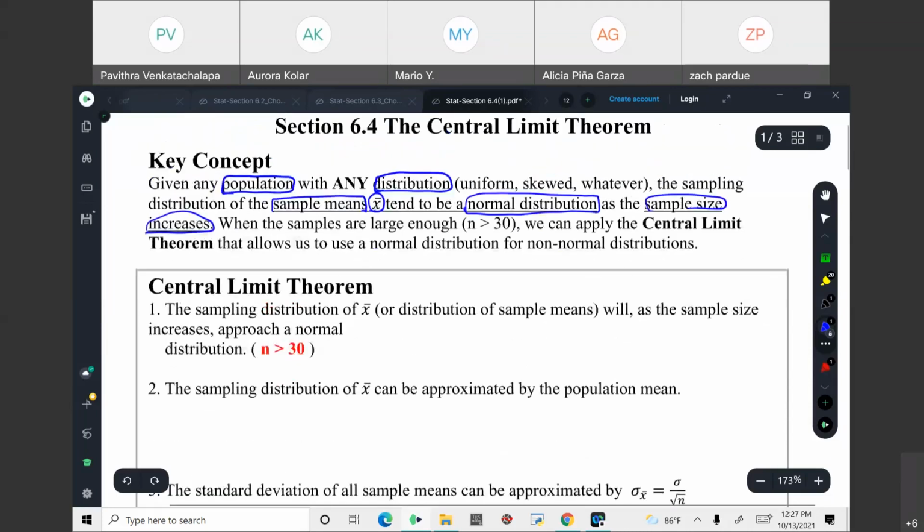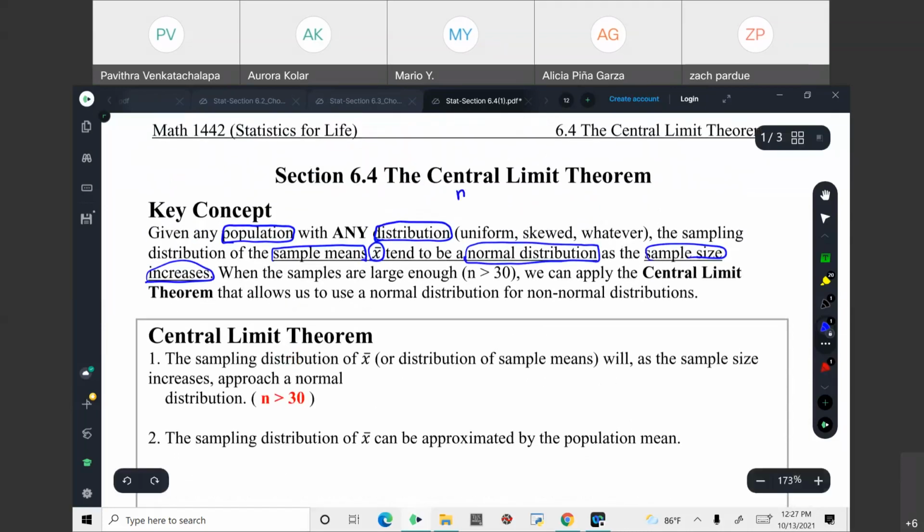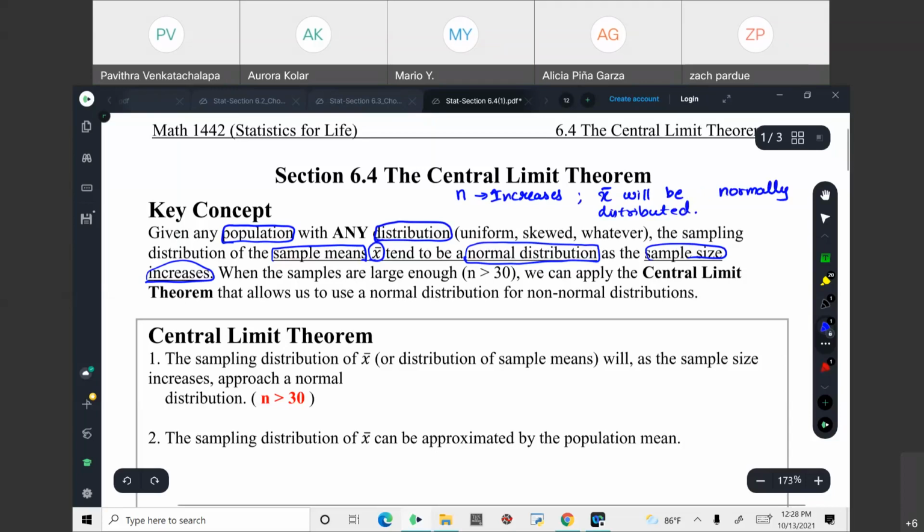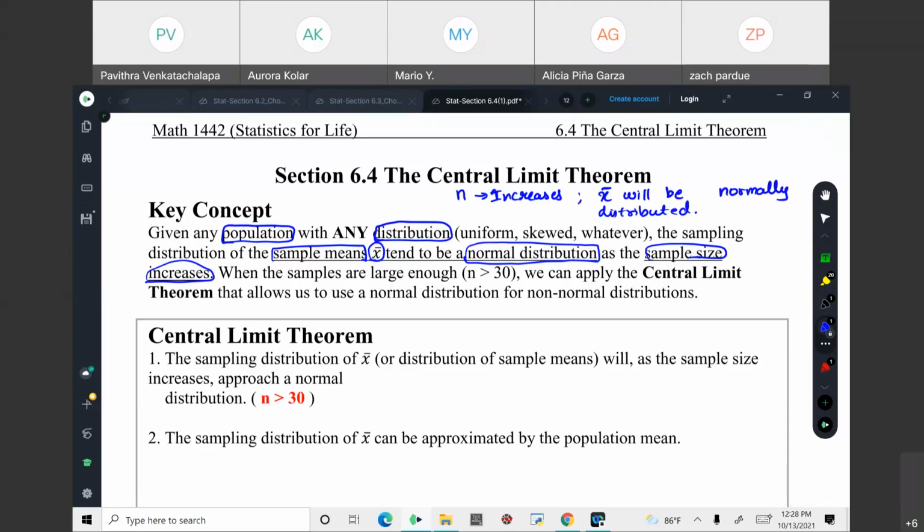Let's take that sample size as n. So if n increases, according to the central limit theorem, the x bar, that is the sample mean, will be a normally distributed variable.